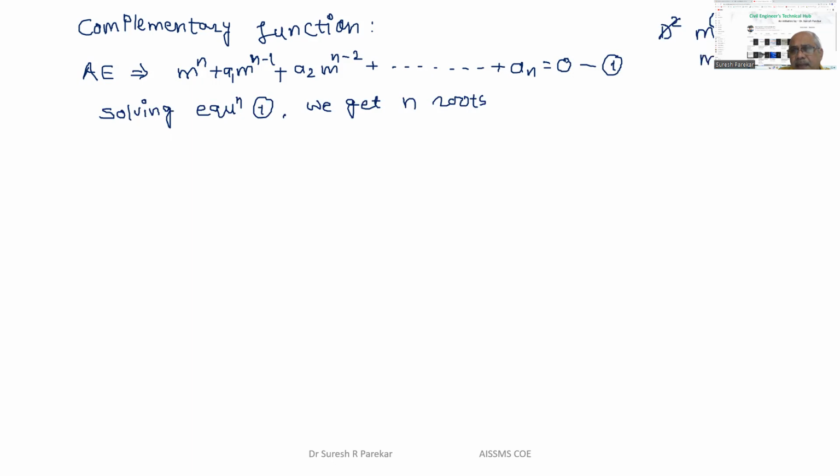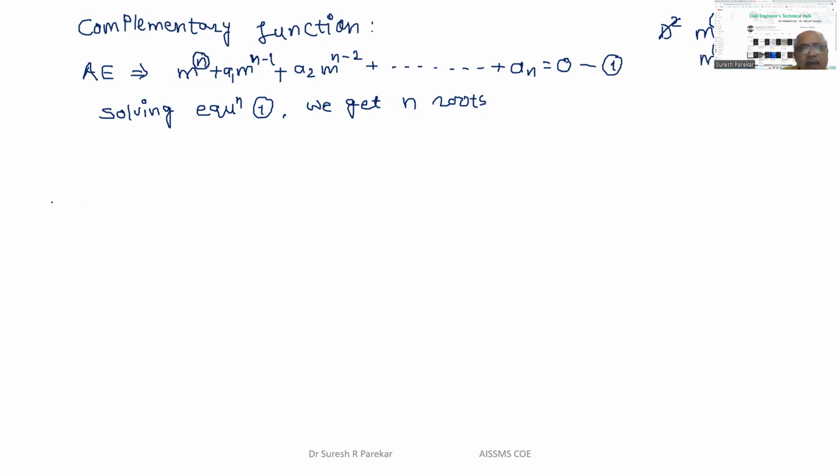If I will say m cube minus 4m square plus m equal to 0, so we will get 3 roots. So whatever higher order we have that much number of roots over there. Here we have higher order n, so we are going to get n roots for equation 1.